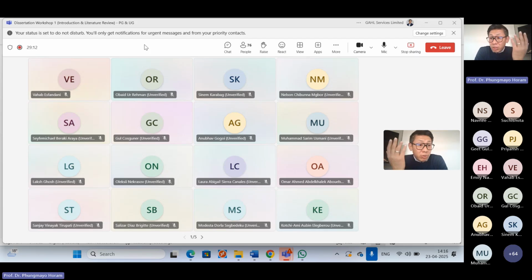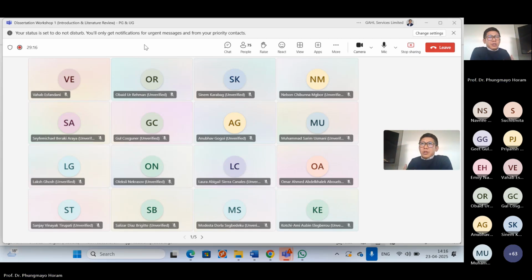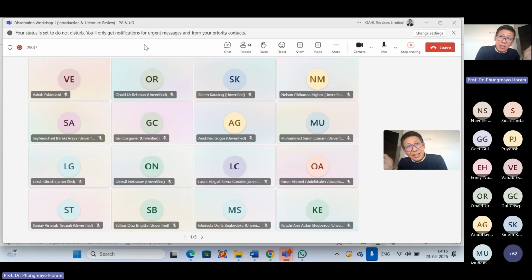So we call that a traditional dissertation. In some business schools, the dissertation is done differently. It could be in terms of a business transformation project. The term might not be dissertation, but business transformation project. In that case, the structure might change.